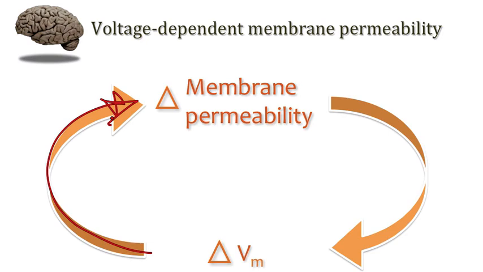We'll do so in two ways. First, we'll consider a functional model for how a change in membrane potential leads to a change in membrane permeability. Then we'll consider the actual molecular structure of these proteins and gain some insight as to how this plays out in actual biological terms. So first, a functional model.